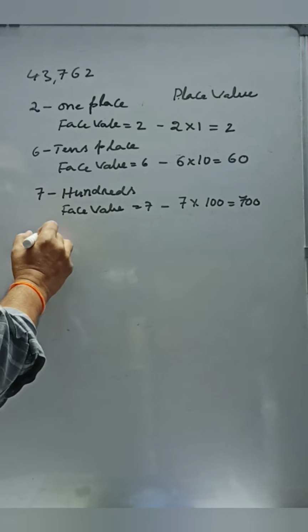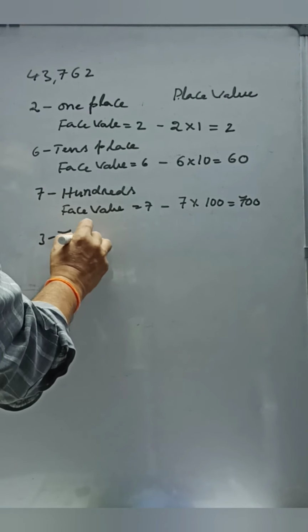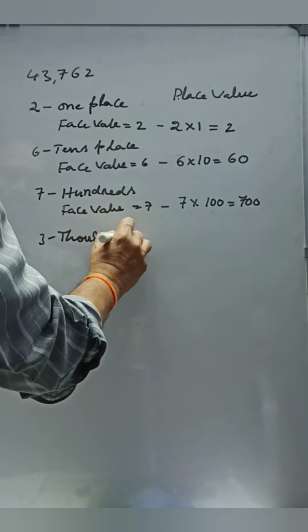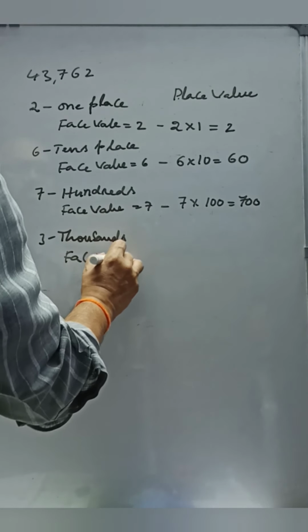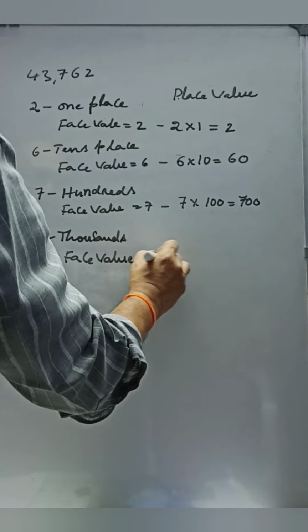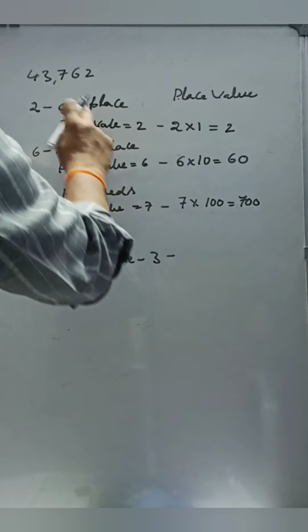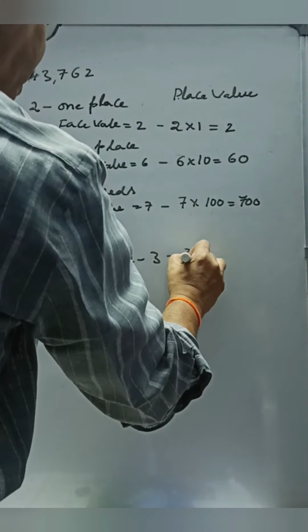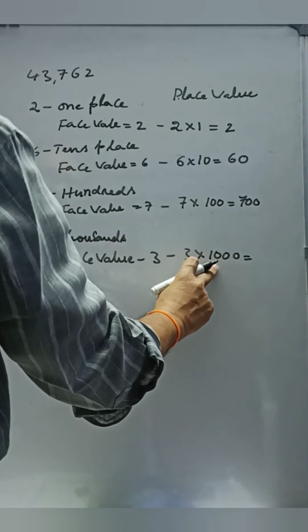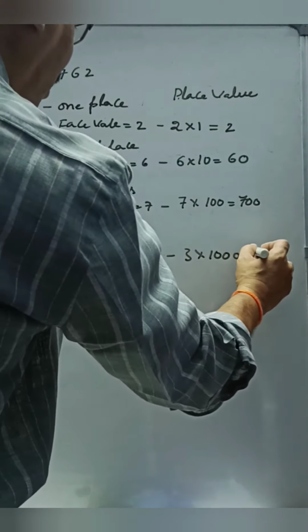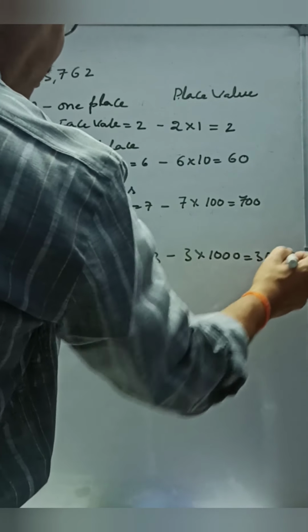And where is 3? 3 is in thousands place, and the face value of 3 is 3. To get the place value of 3, face value into its place. Face value is 3 and its place is 1000. 3 into 1000 is 3000.